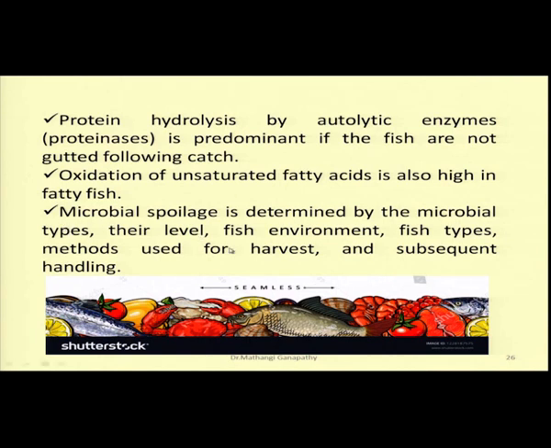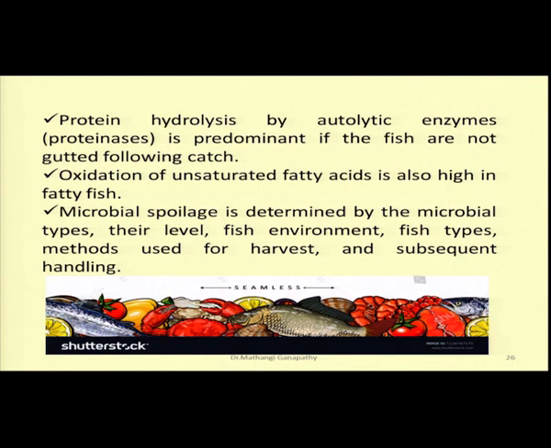It is determined by the microbial types, their level, the fish environment, the type of the fish, the method used for harvest and subsequent handling. So, what is the type of fish you are talking about? Its microbiota will change, so depending upon the changed microbiota, the spoilage cause is going to be different. Then, normally in the environment, whether freshwater or marine, what is the level of microbial contamination present?